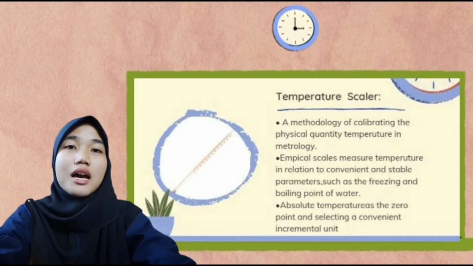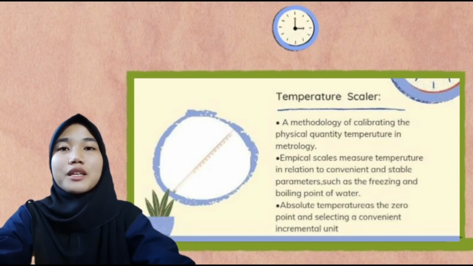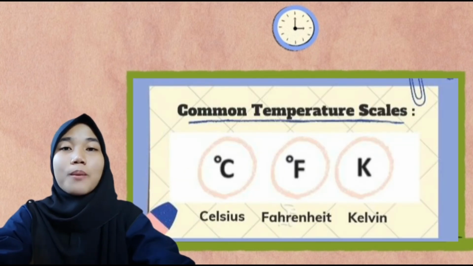Absolute temperature is based on thermodynamic principles, using the lowest possible temperature as the zero point and selecting a convenient incremental unit. There are three common temperature scales used today. First is Fahrenheit, second is Celsius, third is Kelvin.